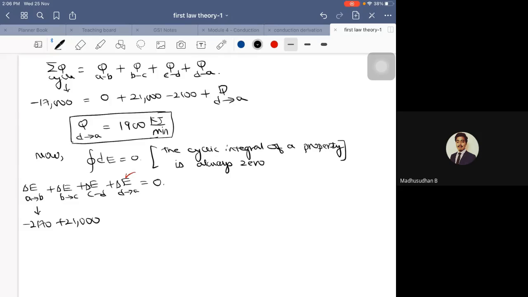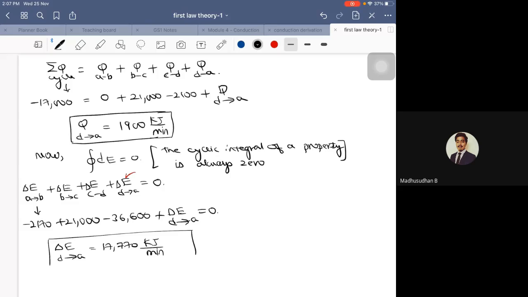Delta E C to D, minus 36,600. And delta E D to A has to be calculated. So give me the value D to A: 17,770. Okay, so this is kilojoules per minute.